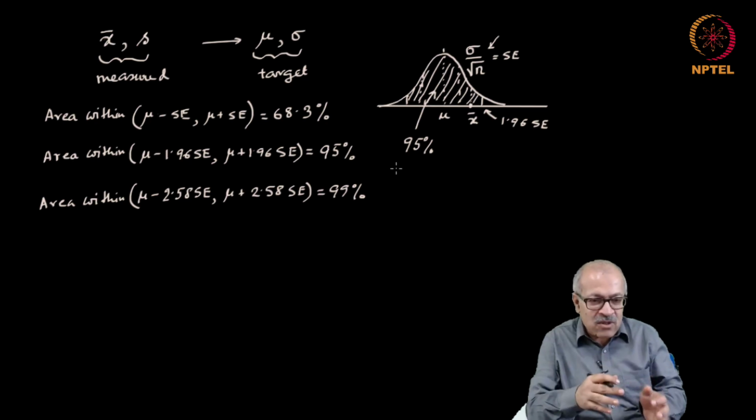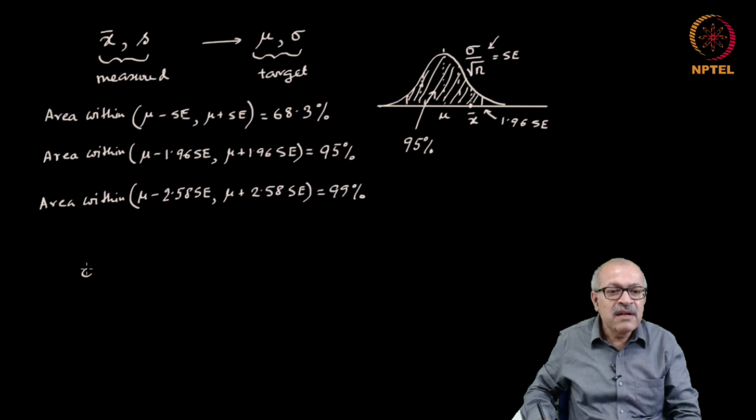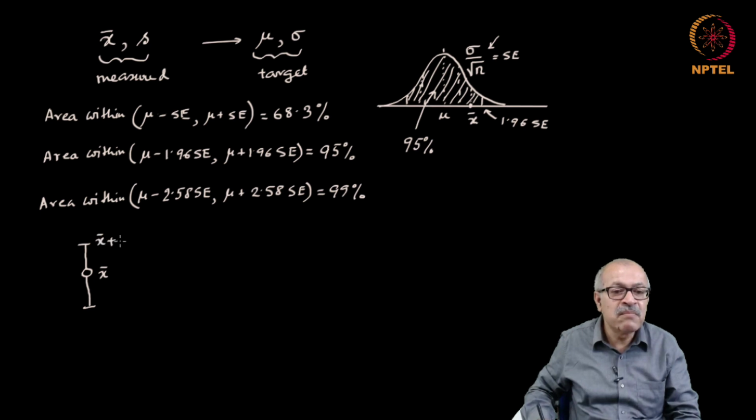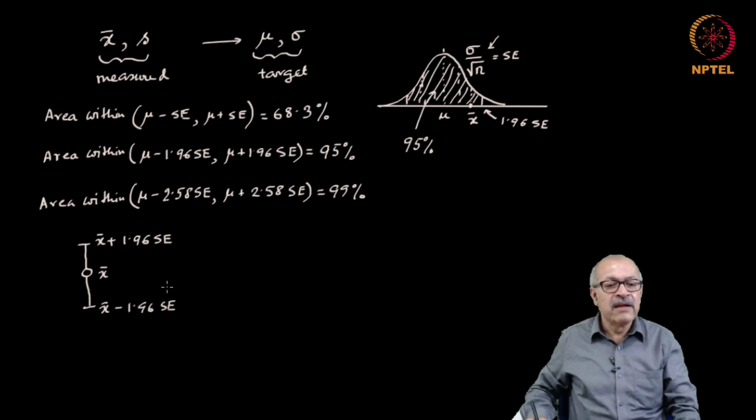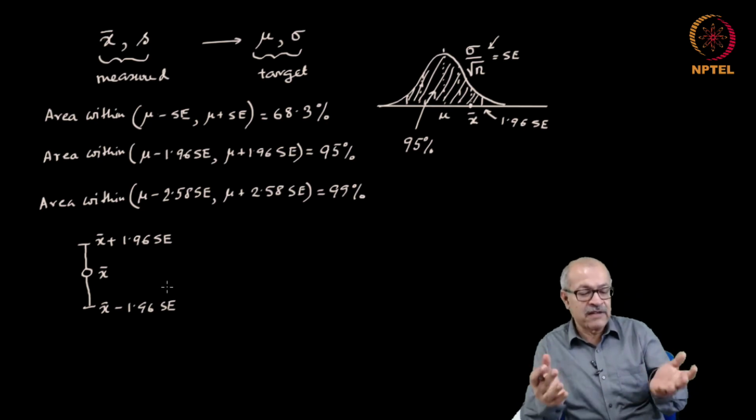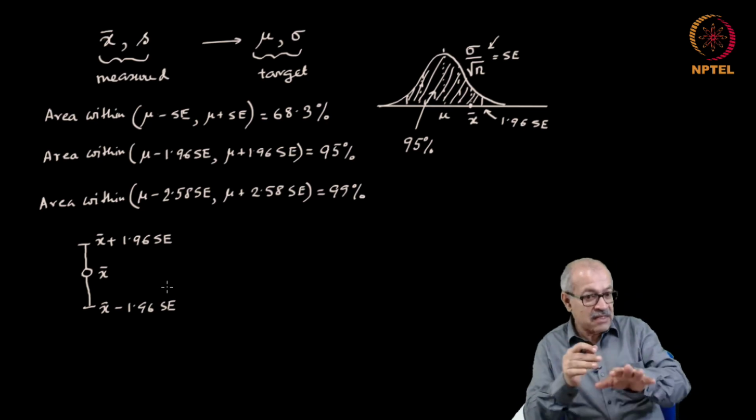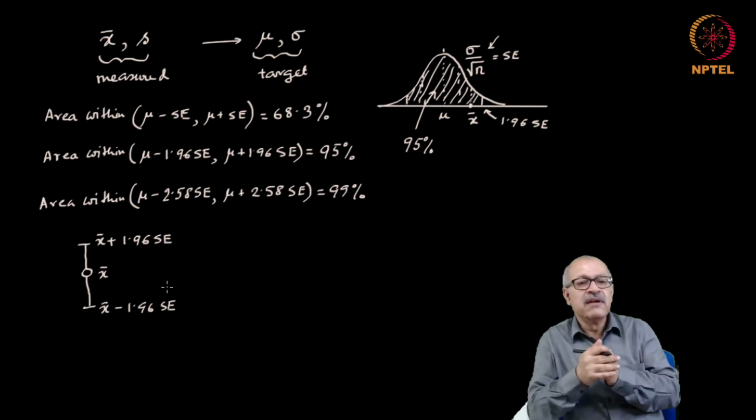And if that is so, your error bar will have this mean value that you have calculated, x bar plus 1.96 standard error, and x bar minus 1.96 standard error. In that case, you have to specify it that way, and this is actually true for most fields.